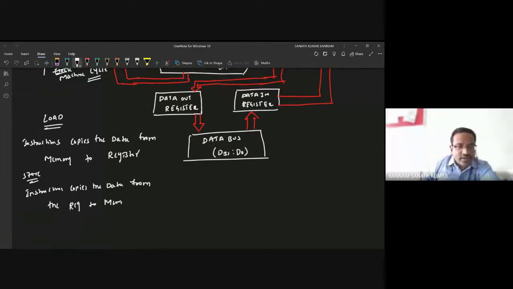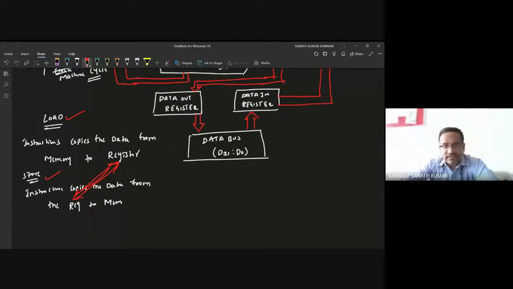So whatever the operations are, they will be performed with the registers themselves. Whatever the data processing, loading and storing is there, it is performed within the registers only. That's why we call this a load store architecture. It is not performed in the memory.